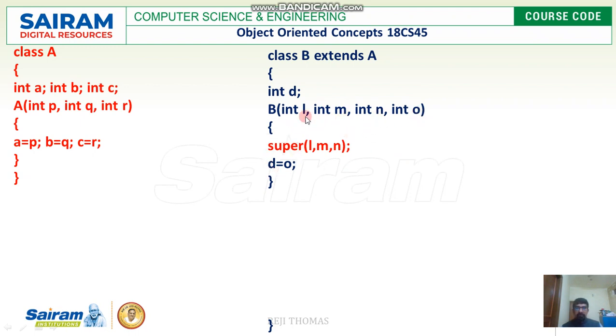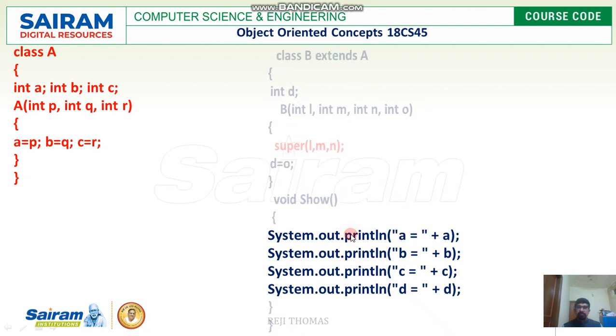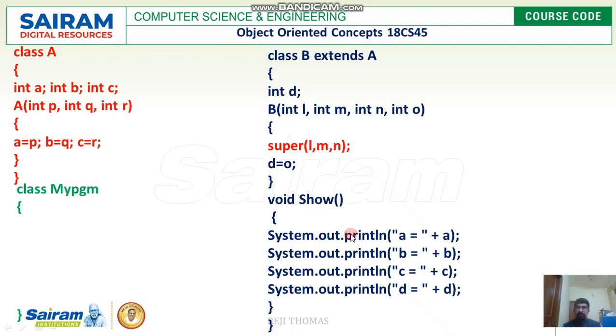And we have a super call. At this stage, we are not worried about this statement. Next, we are going to have a method called show, where we are going to print the values of A, B, C, and D. Now let us come to the main program.